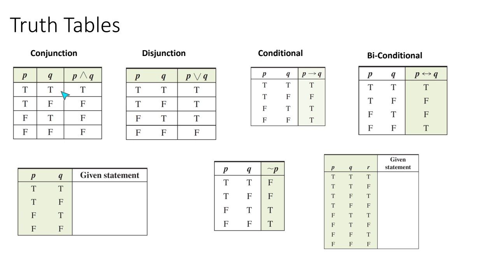Okay, so we want to know, does this person qualify for this job? Okay, so if the person has a bachelor's and 10 years of experience, I'm going to hire them because they have the requirements. Okay, so here, these are all the possibilities. So a person that has a bachelor's and the 10 years of experience, do they qualify for my job? Yes, so that's going to be true.